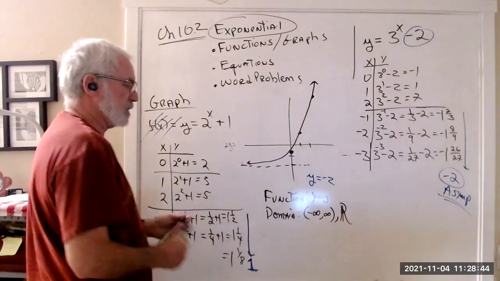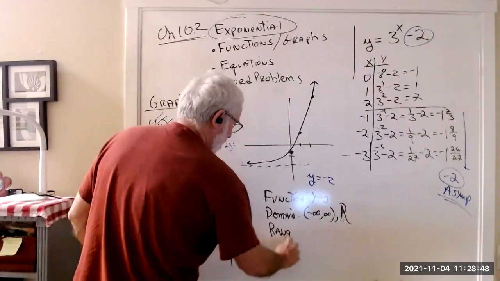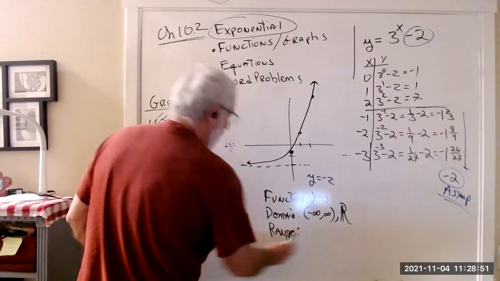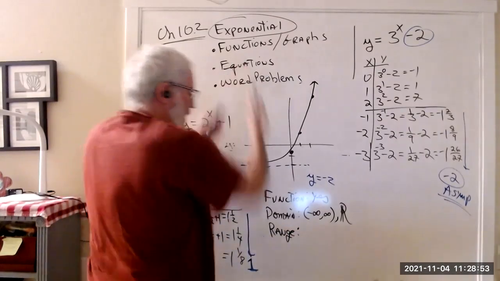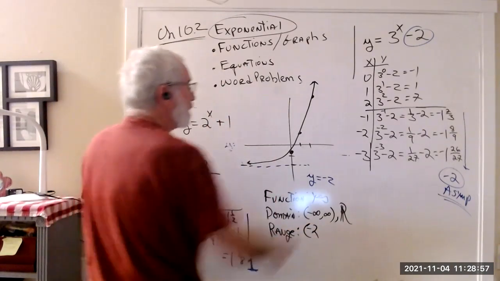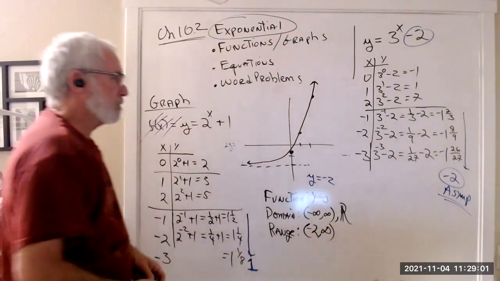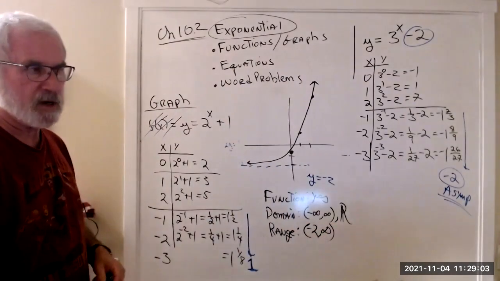So that's what the domain says. Range is from -2 up, but it can't touch -2, so we use a parenthesis, and it goes up forever to infinity. And that's a good enough graph for me.